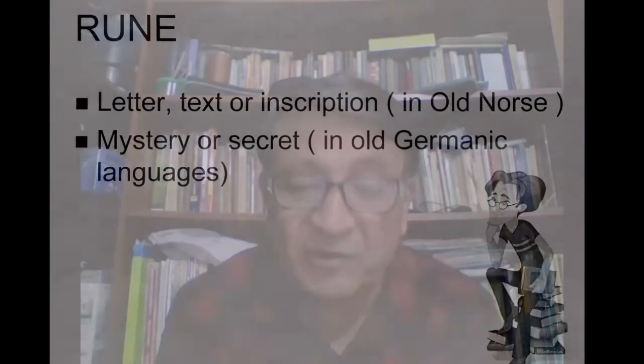In all Germanic languages, this alphabet was used to write something mysterious or secret, and it was used not by all people, but only by educated people and by some religious groups.